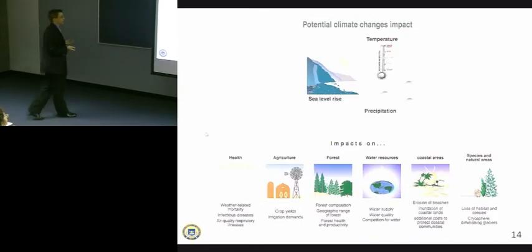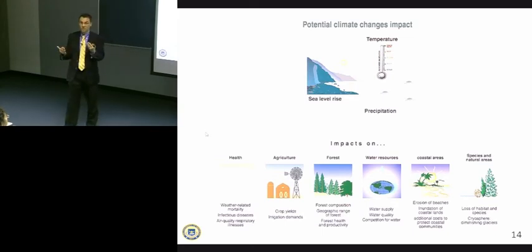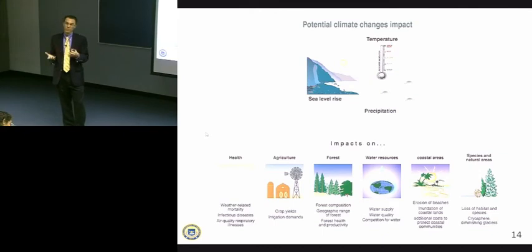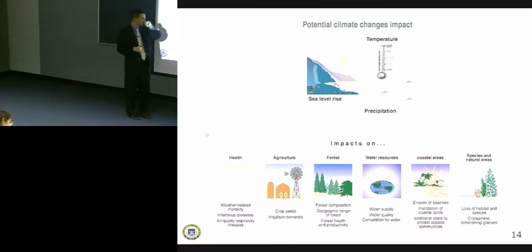But there are some logical impacts. Some of the impacts are going to be good, and some of them are going to be bad. But even the good ones are going to take some adapting to. And adaptation usually means money. Right? So if the water moves or if it comes down in different amounts than it used to in the past, folks are going to have to move, and folks are going to have to build infrastructure systems to manage that water and its new flow rates, for instance.